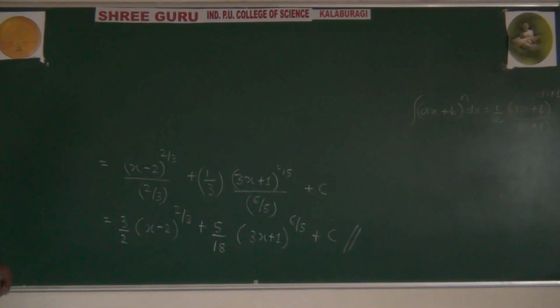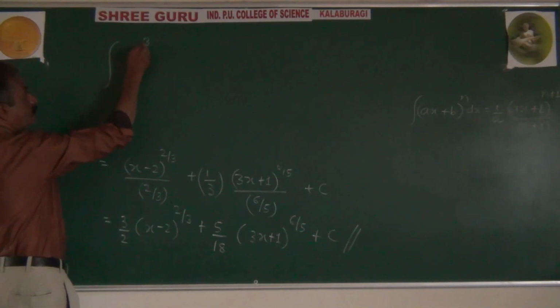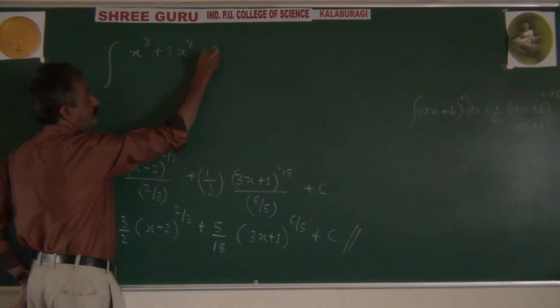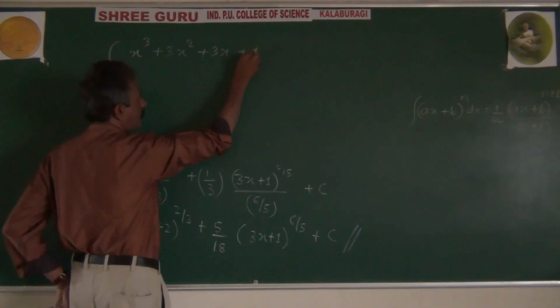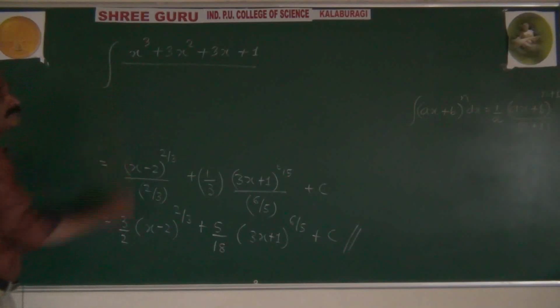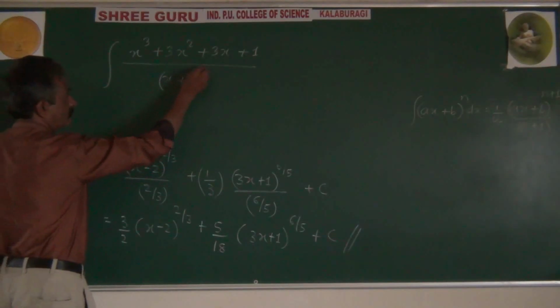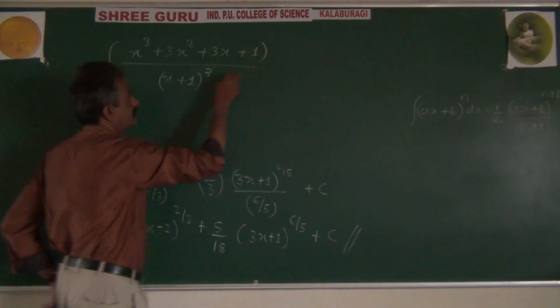Evaluate the integration of (x cube plus 3x square plus 3x plus 1) whole divided by (x plus 1) to the power 7 dx.